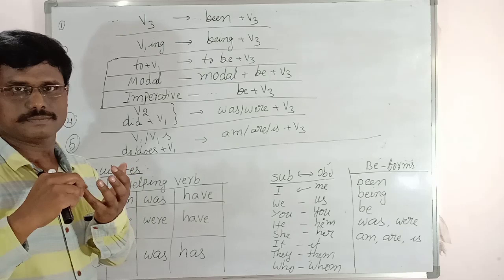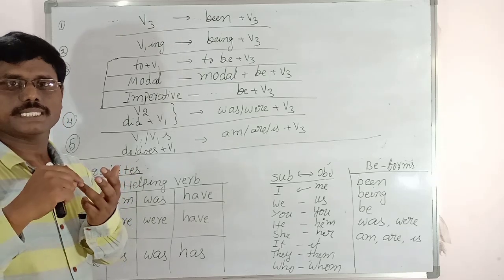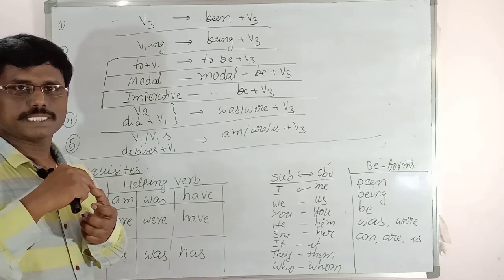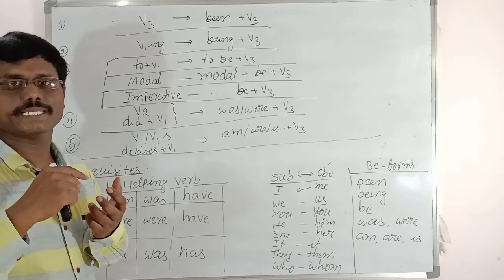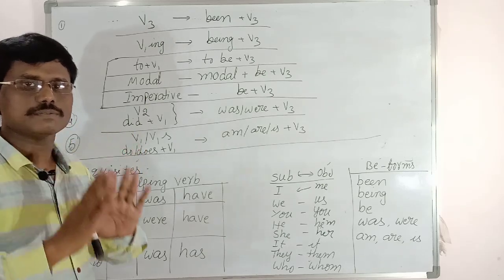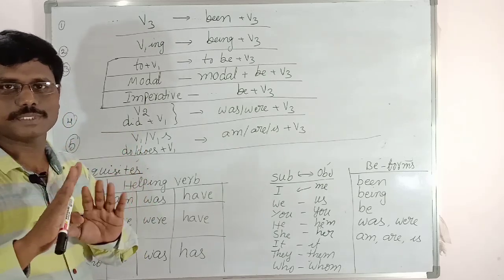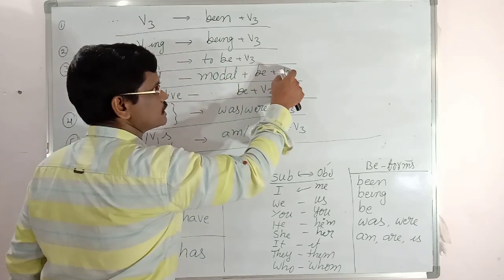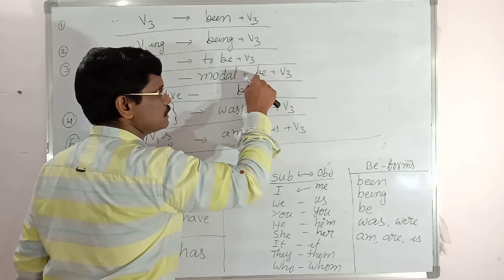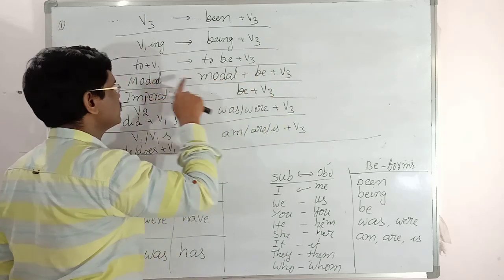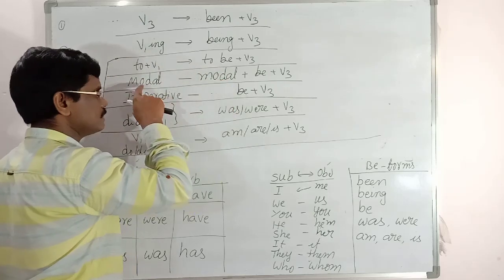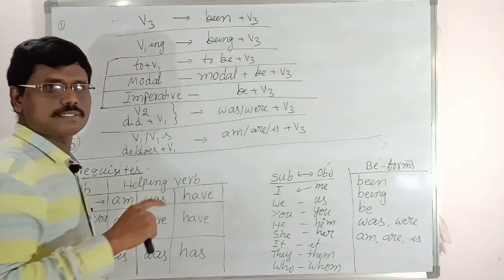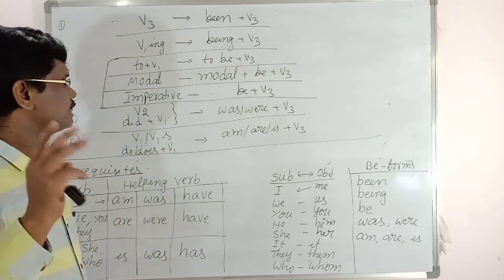Modal means will, would, shall, should, can, could, may, might, must, ought to, dare, need. The same modal verb you have to write. Don't change the modal; you write it as it is. Next the verb changes to verb 3. Before verb 3 you write be. The same modal: for example, will, you write will; would, you write would. Next just write be, verb 3. Easy. Tip number 3.